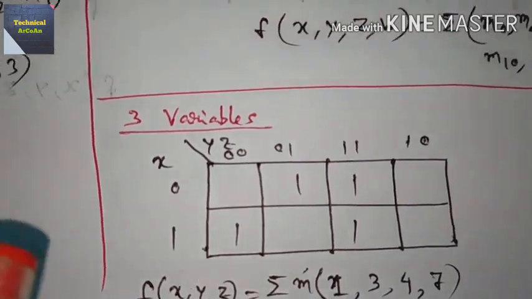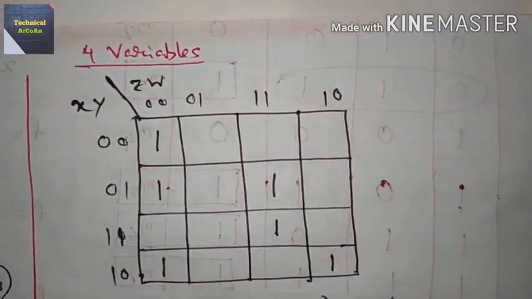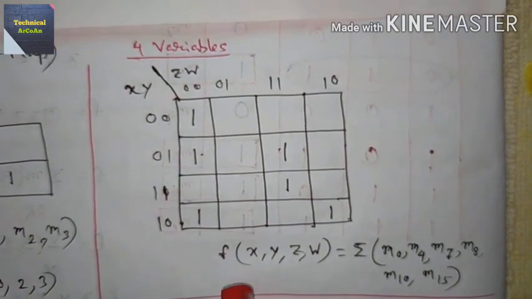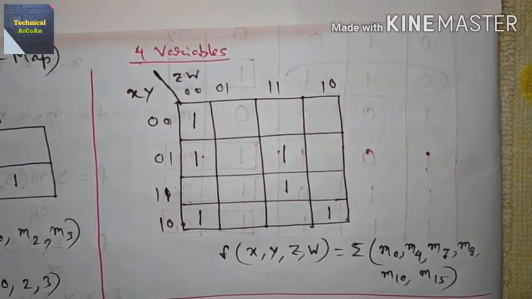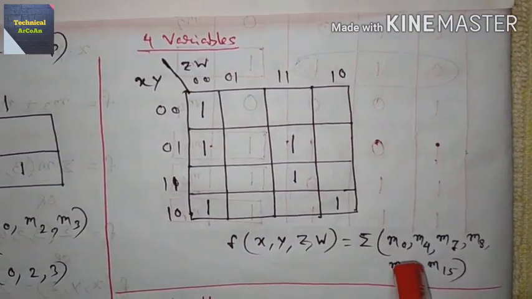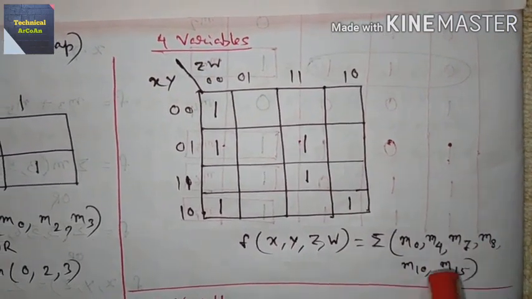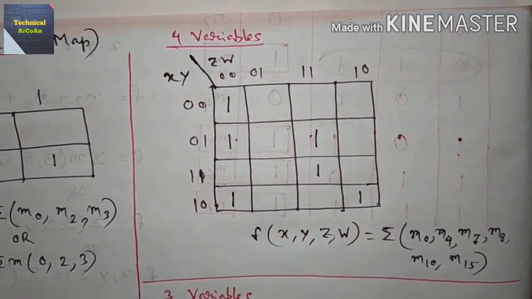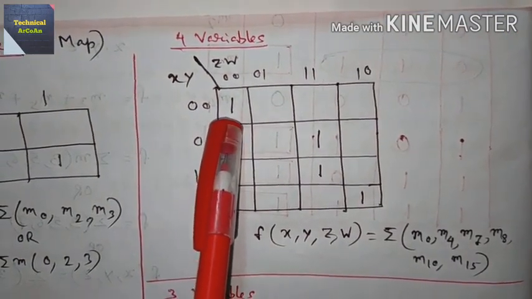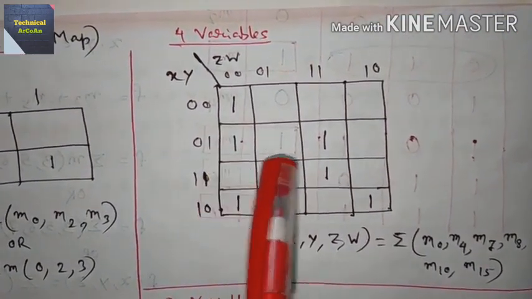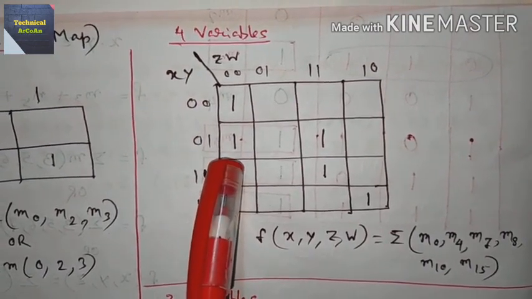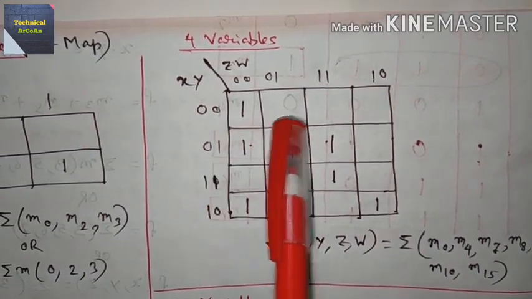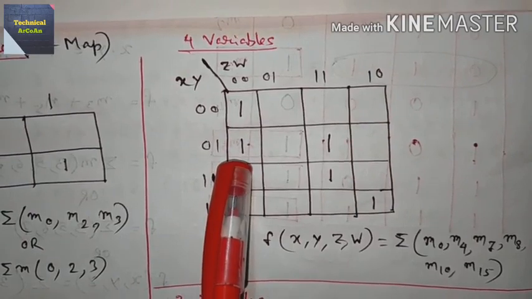Now we go for 4 variables. For 4 variables, the function is given as the positions m0, m4, m7, m8, m10, and m15. Similar to 2 and 3 variables, we put them here. This position is m0, so that is given. This position will be m4. How? m0, m1, m2, m3, m4. Okay.